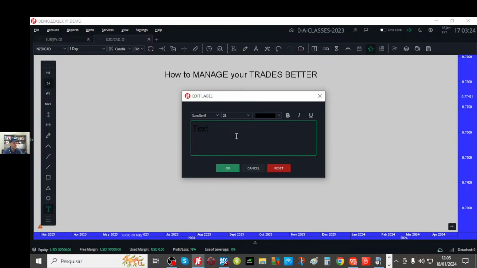It's common sense that number one, stop loss goes on the pattern traded, right? And number two, take profit goes on the pattern traded or by risk reward ratio.